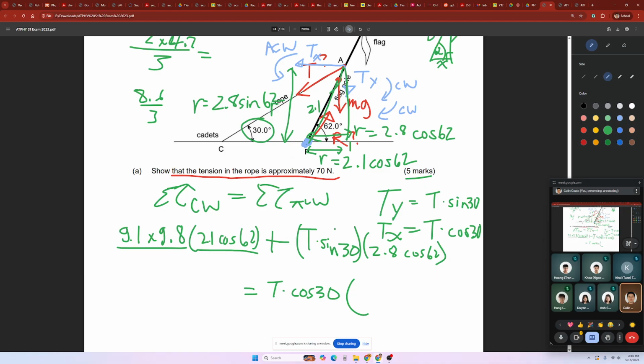So the Ty is a component of the tension. So T sine 30, there's our force. That's the one we want to find. And then its perpendicular distance. Now the x is just the horizontal part. So Tx, and then we know that vertical distance is its perpendicular distance. So now we have our radius.